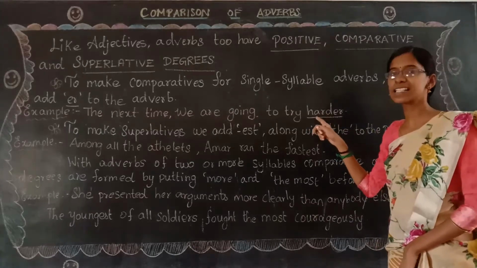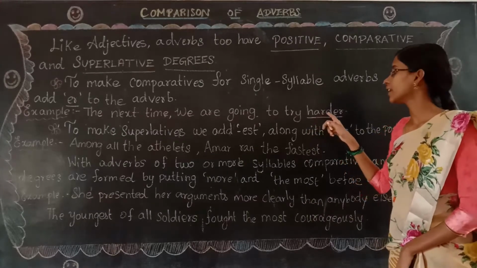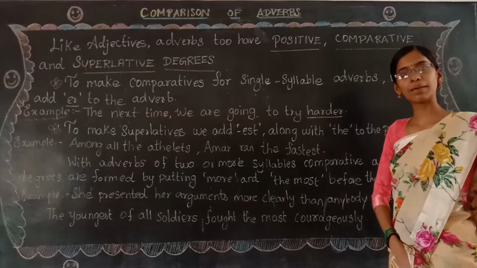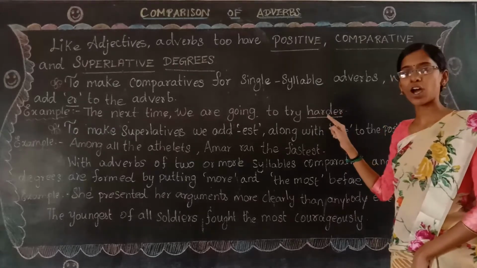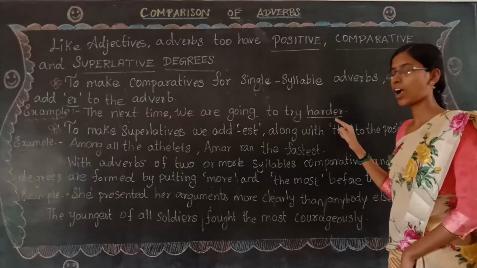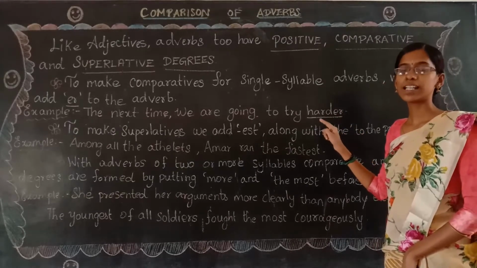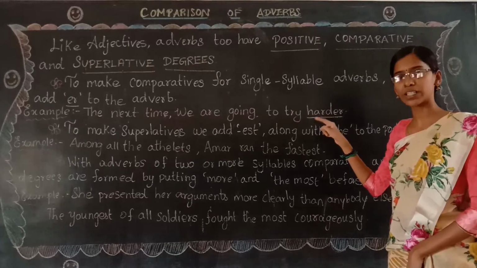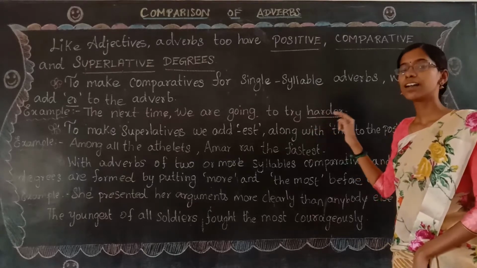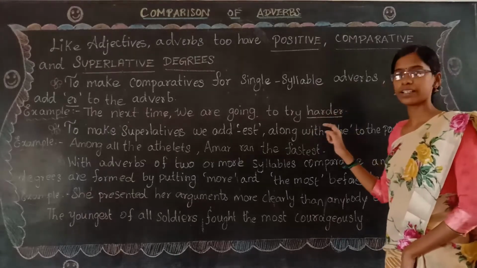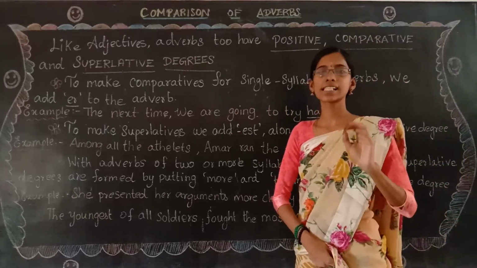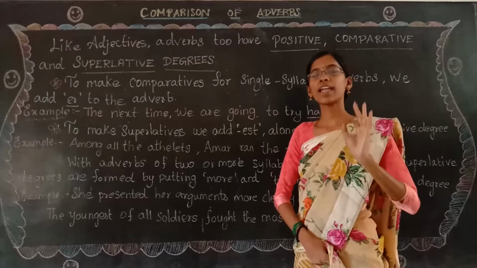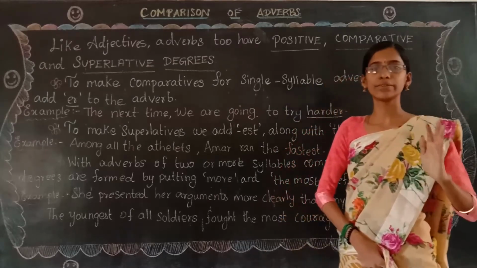This is a single syllable word, okay? Because it cannot be divided further into syllables. So hard plus ER. We are adding ER after the adverb word: harder. So this is our first rule. When you are going to compare a single syllable word, then you can add ER to the adverb word.